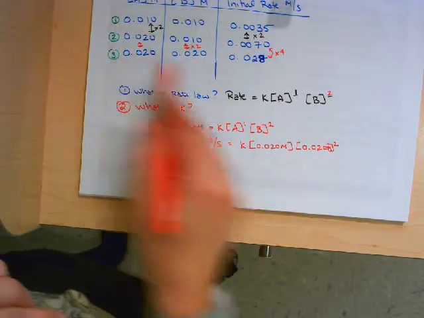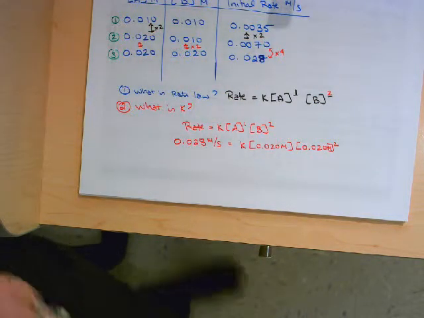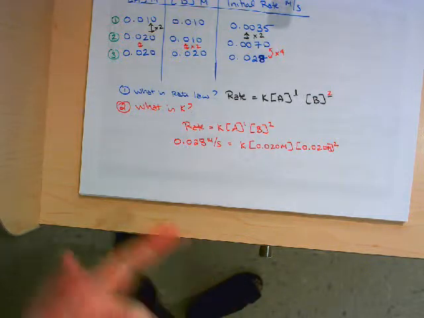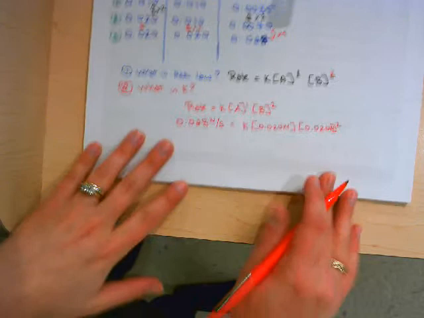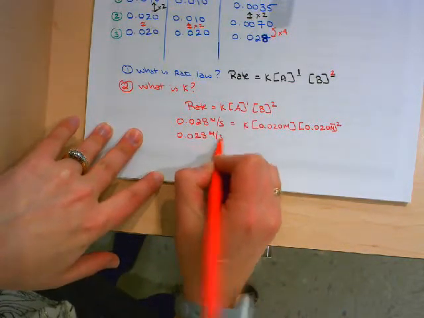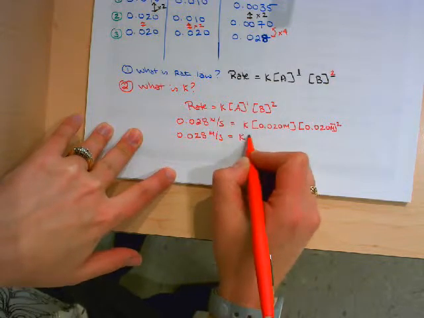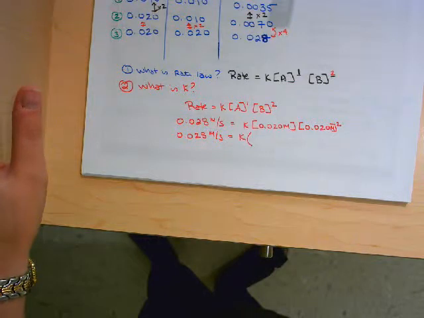As long as you pick one row, they'll all give you the same K. You could certainly do a different experiment and double check to make sure I got the math right. Alright, so now I have 0.028 molarity per second equals K times, what is this? 0.20.